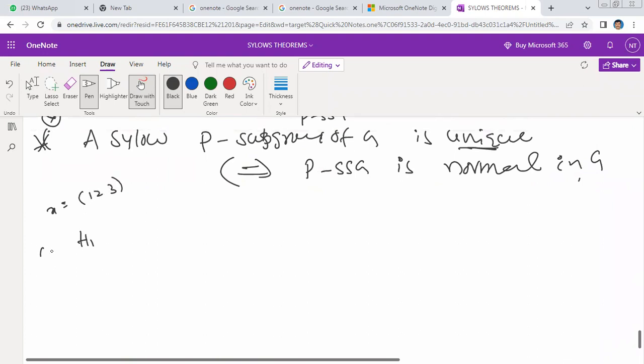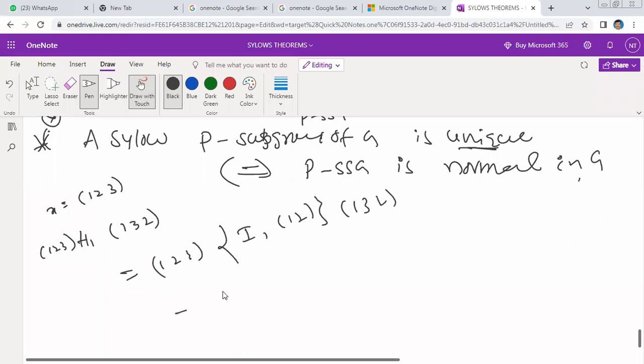(1 2 3) inverse is (1 3 2). Now, what is my H1? Identity permutation and (1 2). Now you can write like this: (1 2 3), (1 2), (1 3 2).